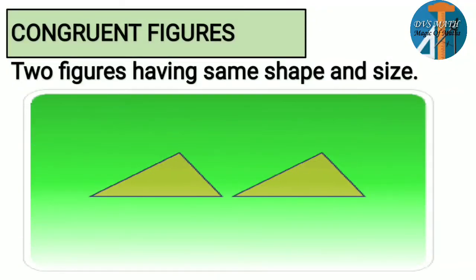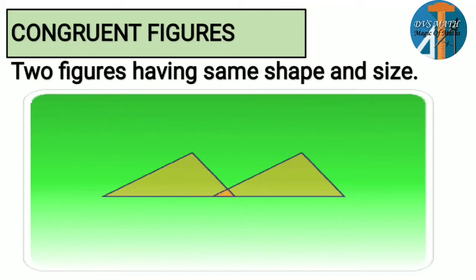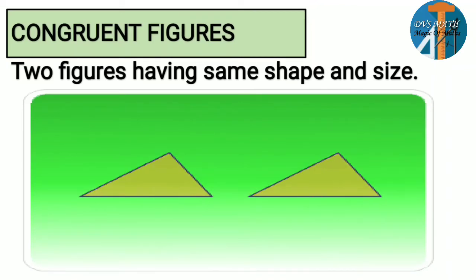These two triangles are the same, and if they overlap each other, it looks like one figure. So two figures having the same shape and size are called congruent figures.